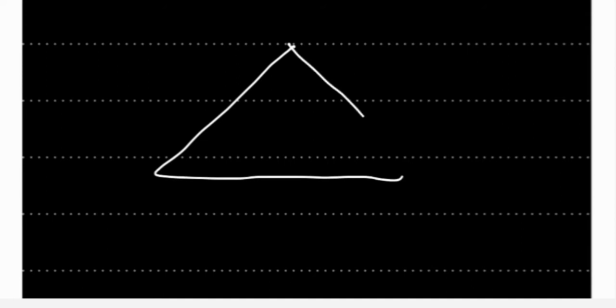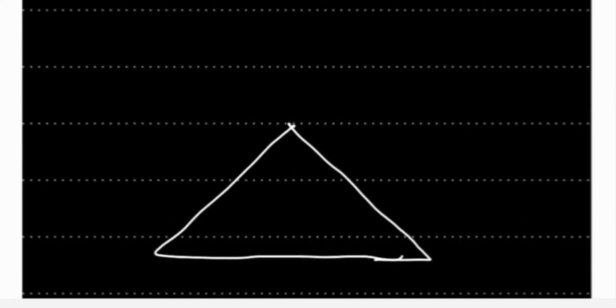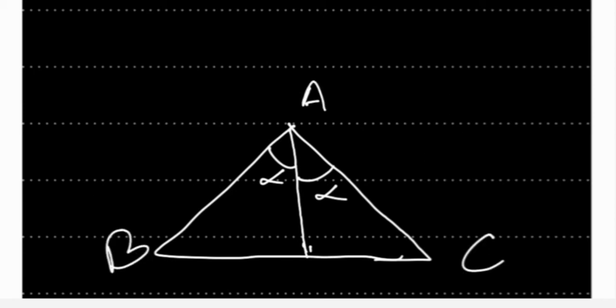So let's say we have this triangle, and then I'm going to draw like this the bisector, okay? So this is the bisector, it divides this to alpha and this to alpha. Now I'm going to prove the inner bisector. So you see this is A, let's call this B, and this is C, okay?